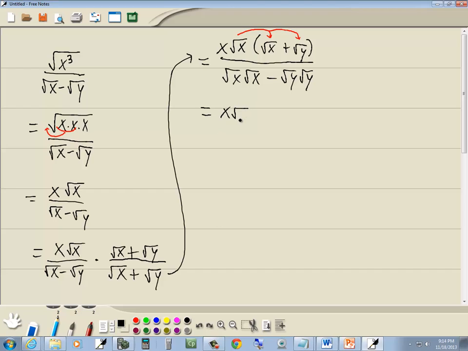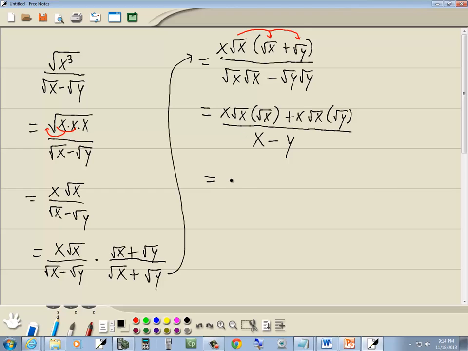So we got x square root of x times square root of x plus x square root of x times square root of y. Now down below, square root of x times square root of x gives you x, minus square root of y times square root of y gives you y. Whenever the square roots are exactly alike, like these, then they just cancel away and leave you that.